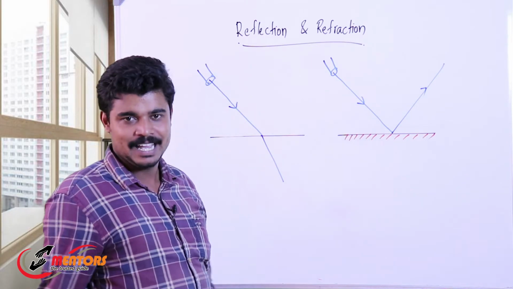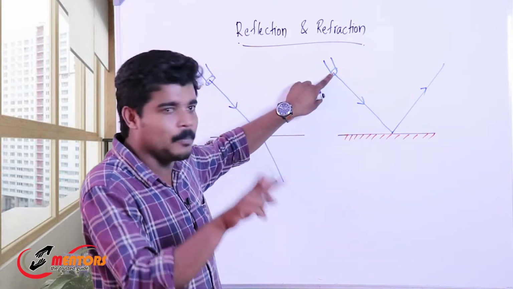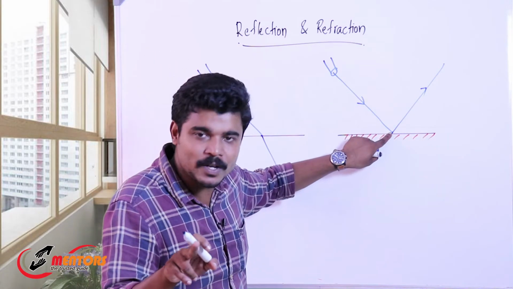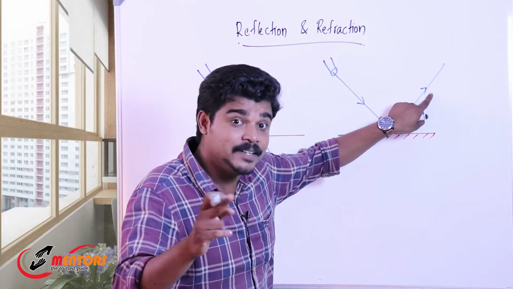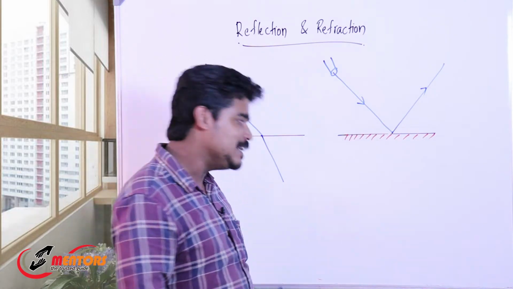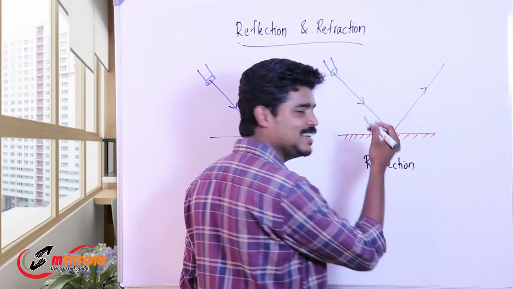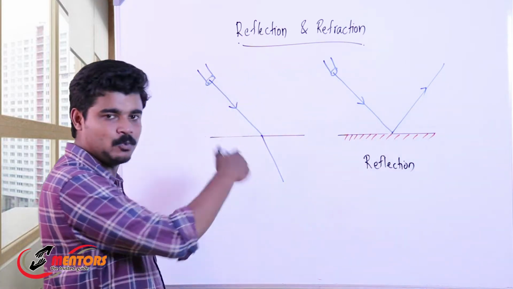This phenomenon, in which light coming from one medium hits a surface and returns back to the same medium, is known as the reflection of light.